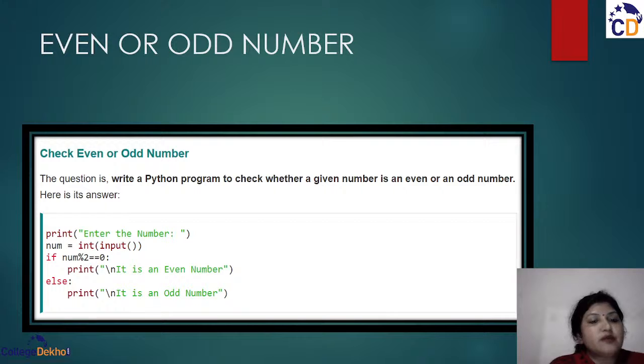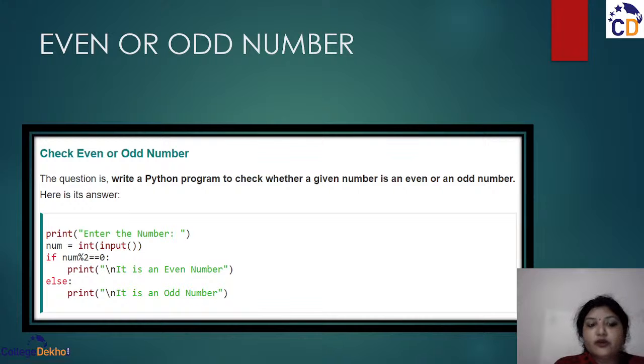Suppose I am taking the number with the help of the print function, that is enter the number, and after that we get the input from the user in the variable num. Now we need to check whether the number is even or not.